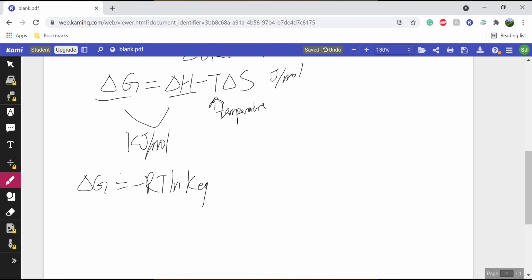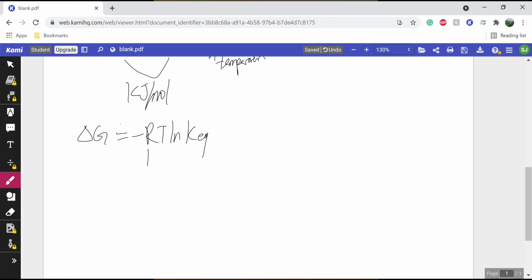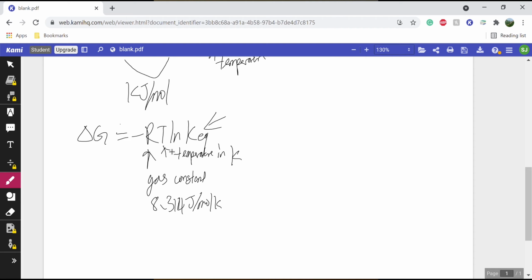So here in this part, the R is the gas constant, which is 8.314 joules per mole K. Now this T is temperature in Kelvin, and KEQ is the equilibrium constant.